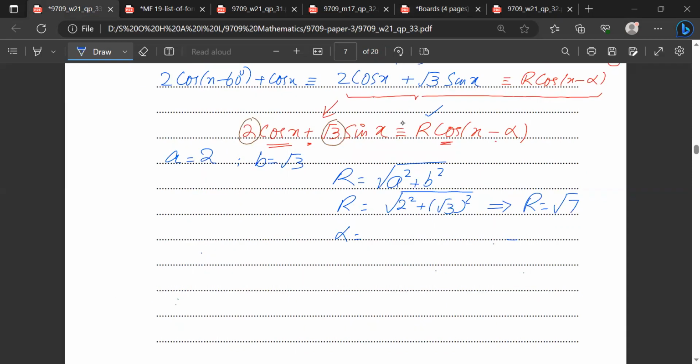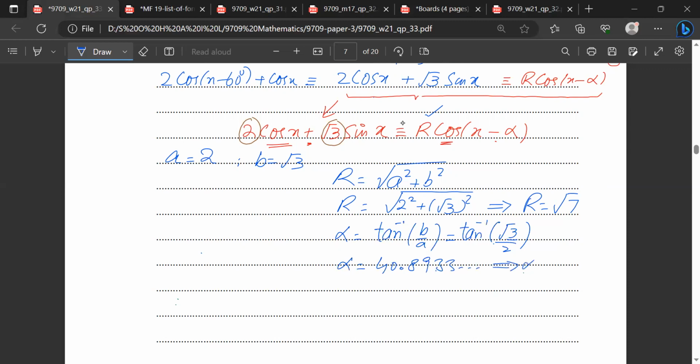So better to apply this shortcut. Alpha is equal to tan inverse of b over a, so tan inverse of root 3 over 2 is coming as 40.8933, and so on.